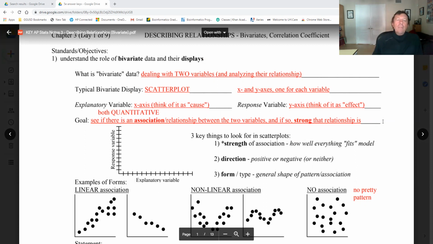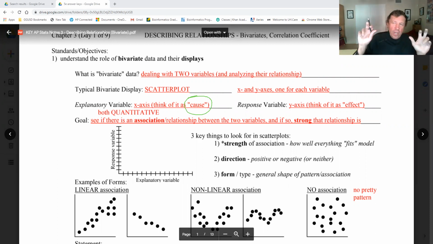So the explanatory variable is the X axis. Although we think about the word cause, the reality is it may not be cause effect. The two variables may be moving in the same direction by luck or by strange circumstances, or a third variable happens to be moving them both at the same time.